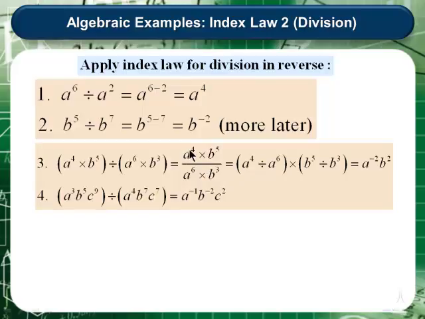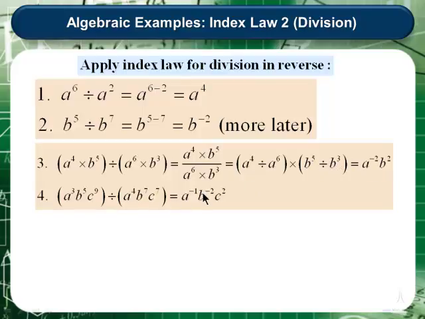We have a to the power 4 divided by a to the power 6. And this particular quotient needs to be multiplied by b to the power 5 divided by b to the power 3. The reason why we group it like this is because this particular law is only applicable if the bases are the same. So clearly we get a to the power minus 2 multiplied by b to the power 2.